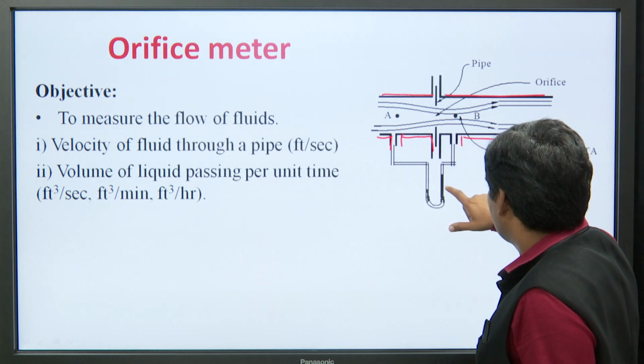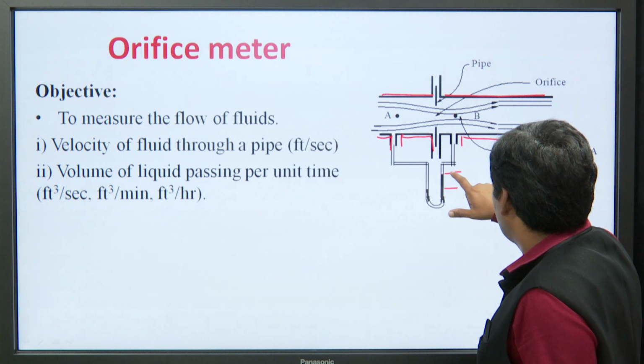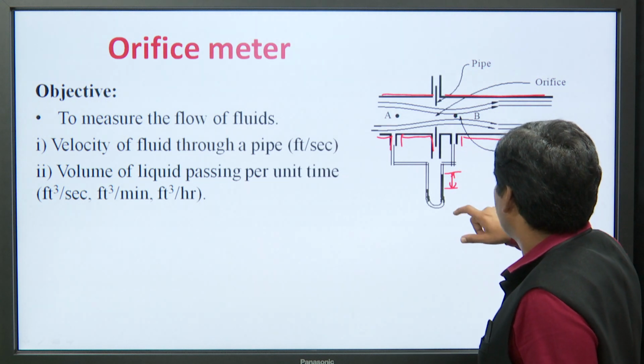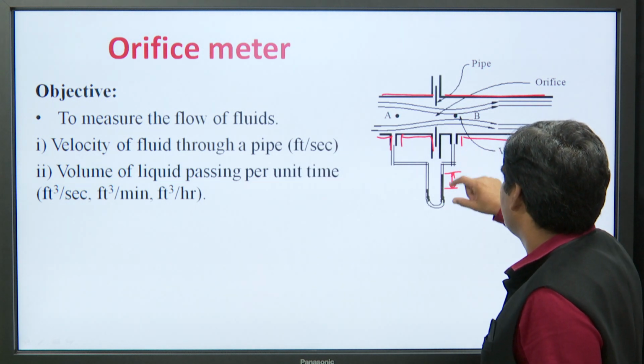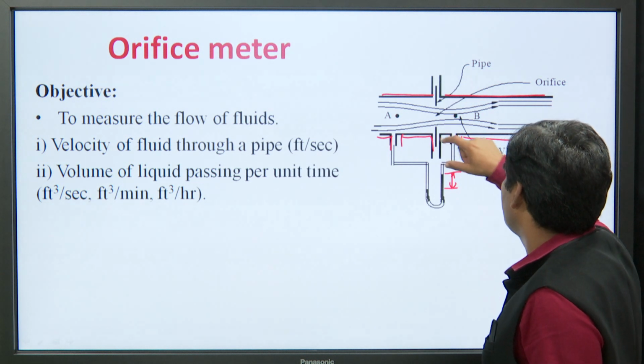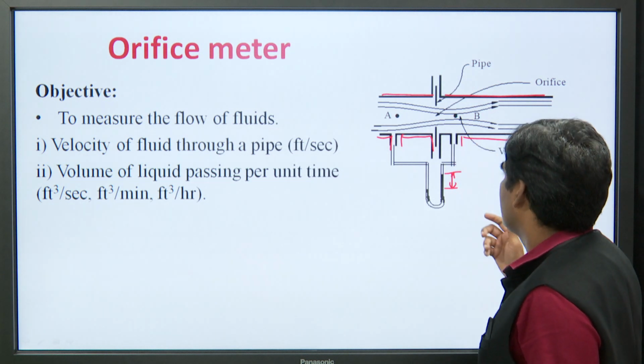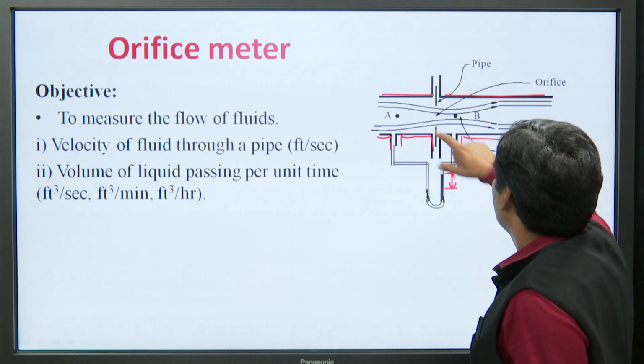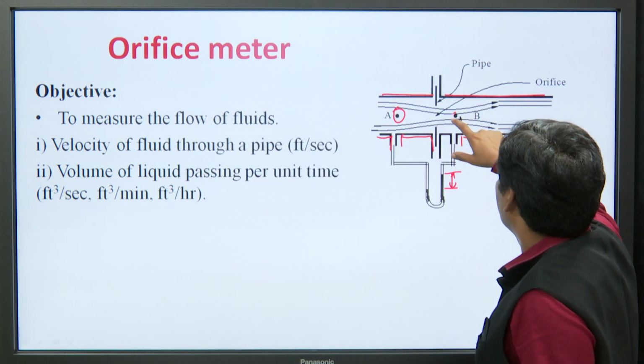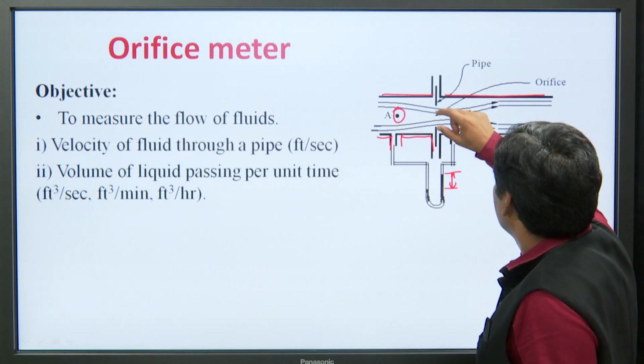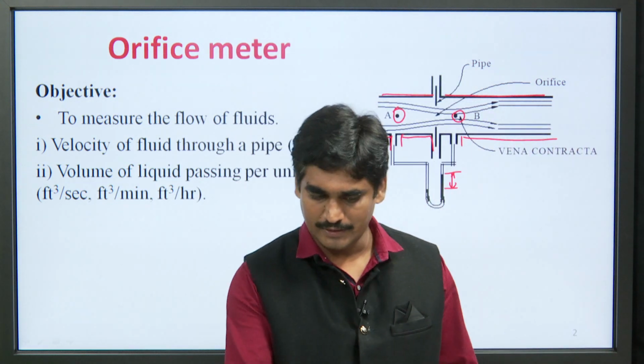This is the height of liquid A which is travelled into this which rises due to the change in pressure in the second limb of manometer. Point A, point B, there are 2 points which is shown in the diagram.